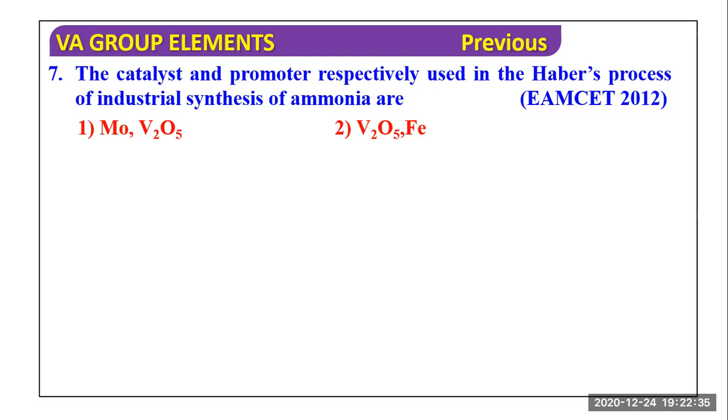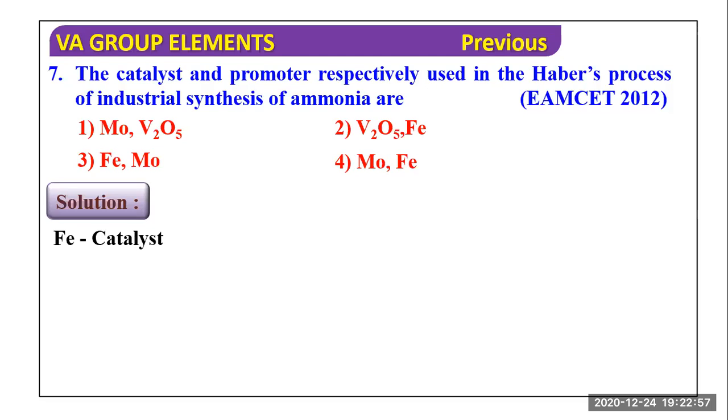The catalyst was iron, of course, and the promoter is molybdenum. So iron catalyst and molybdenum promoter. So option 3 is the correct option. Is it okay? You know it.